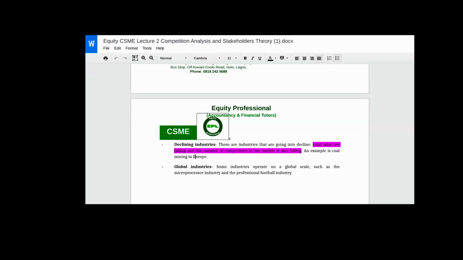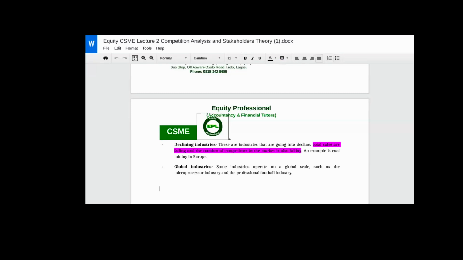All the textile industries and what have you, where are they today? Our telecommunication industry, apart from the foreign multinational operators, was a declined industry. Where is the Nigerian Water Corporation? That industry has declined. The activities there have been eroded. So that's what we call declining industry.